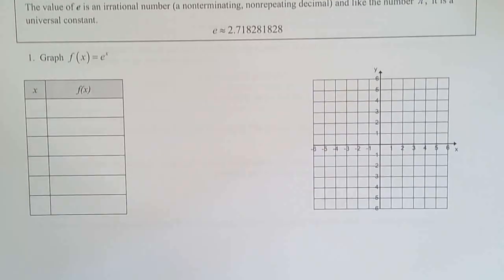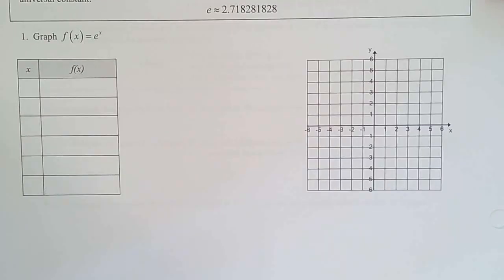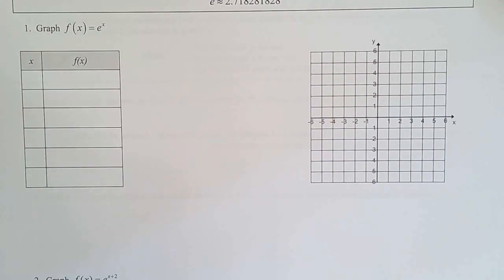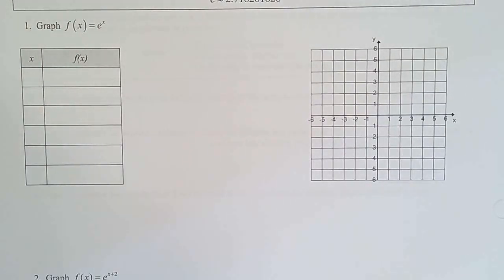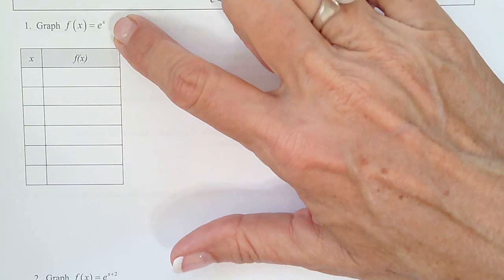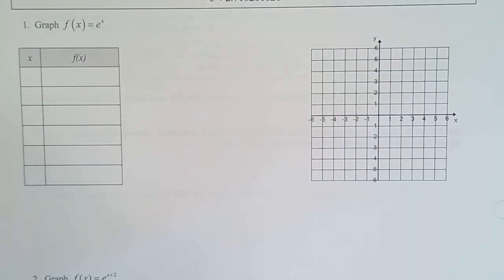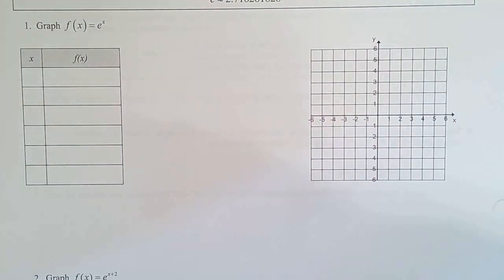So how do we graph it? Well, we just pick some numbers for x. This isn't a log that we're graphing. Because it's not a log, we're not limited by what we can pick. We're graphing the exponential e to the x. So we can do a standard t-table if we like.